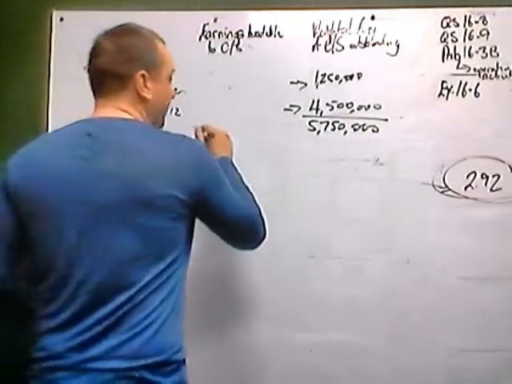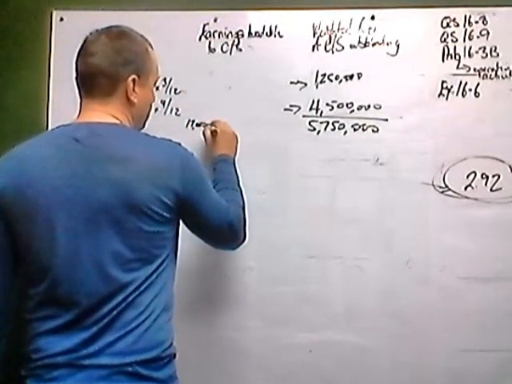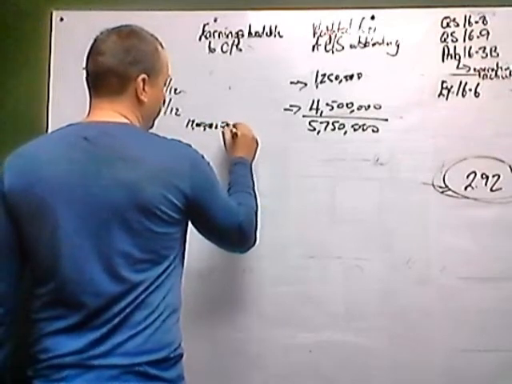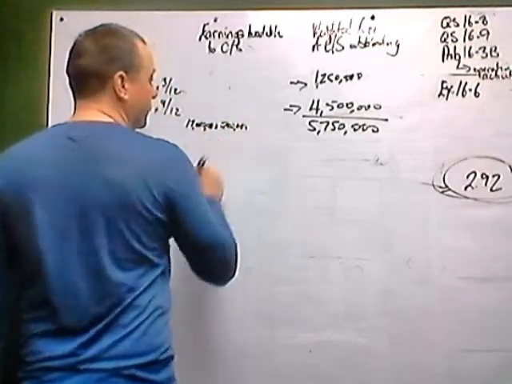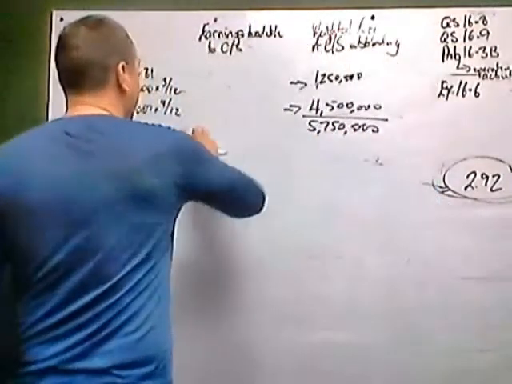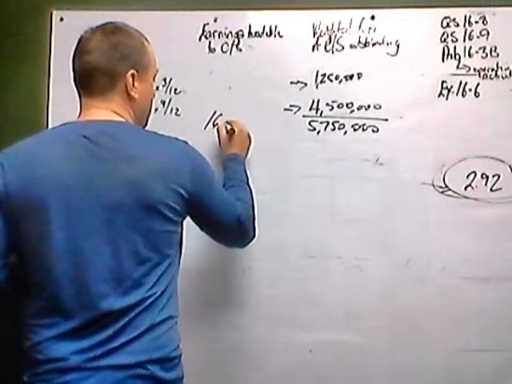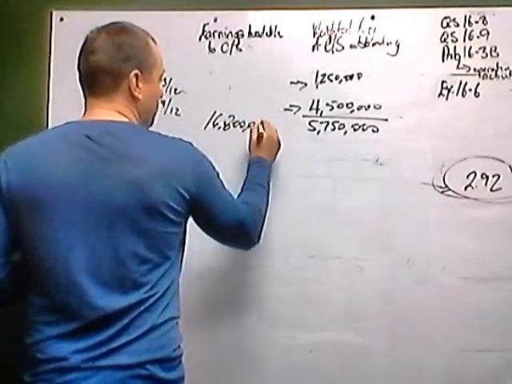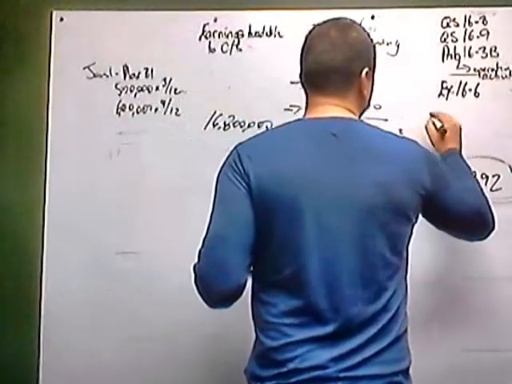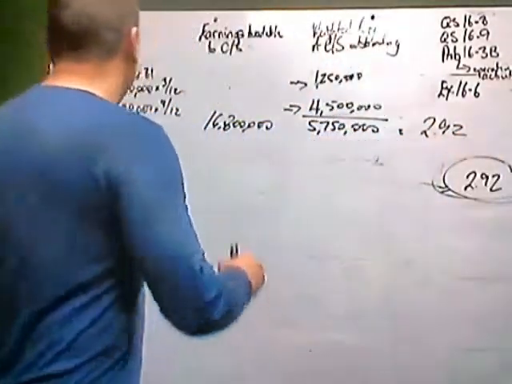Well, 17 million minus 200,000, so that equals 16,800,000. Now we get an EPS of 2.92. So that's our basic EPS.